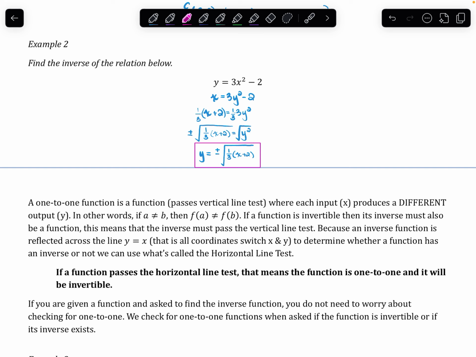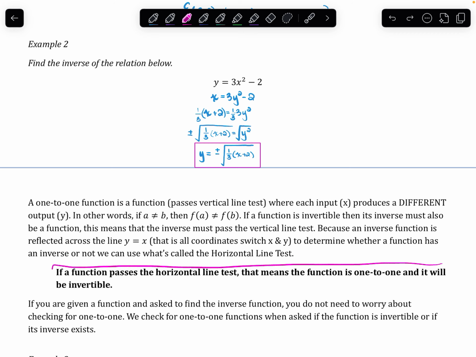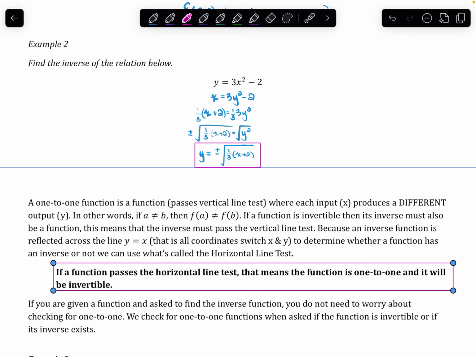If we fold it over the line y equals x, instead of trying to visualize this, we can just look at the graph. If a function passes the horizontal line test, we know it's a function, so it will pass the vertical line test. But if it also passes the horizontal line test, then the function will be invertible, which means it does have an inverse.